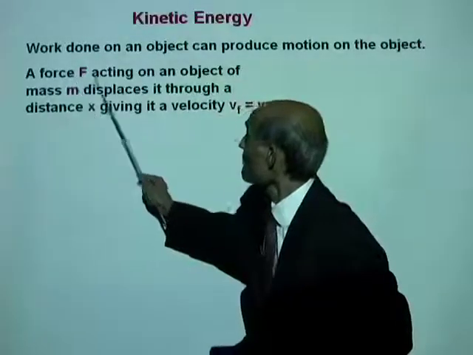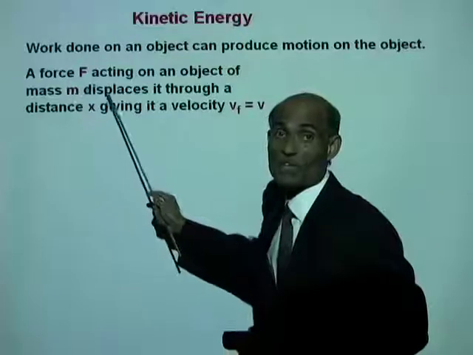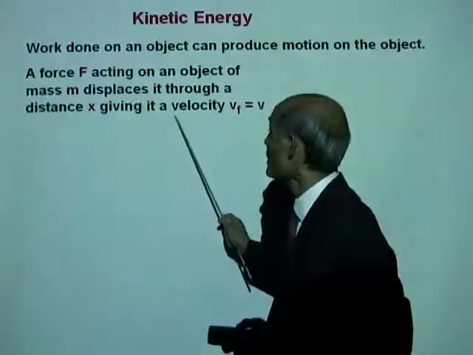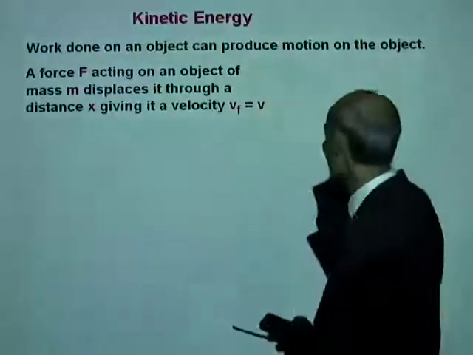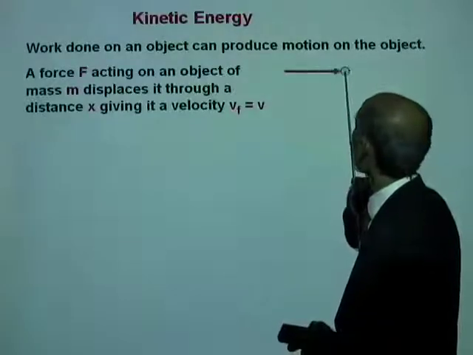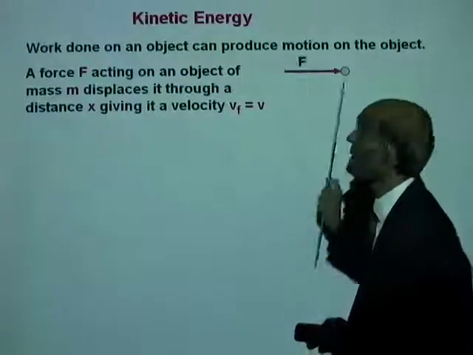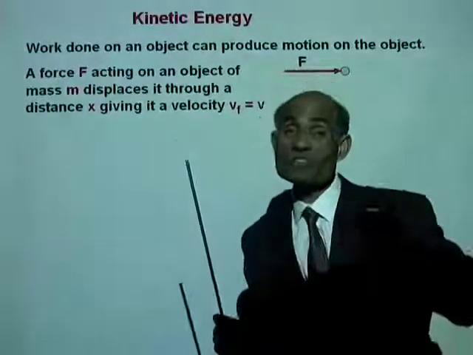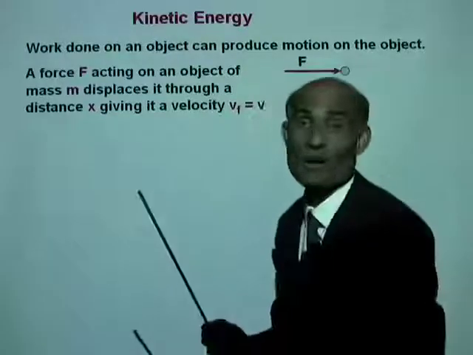A force F acting on an object of mass m displaces it through a distance x, giving it a velocity Vf equal to v. Let's picture that. We have an object of mass m here, and a force F is acting on it. Remember, a force acting on an object will produce an acceleration on the object.